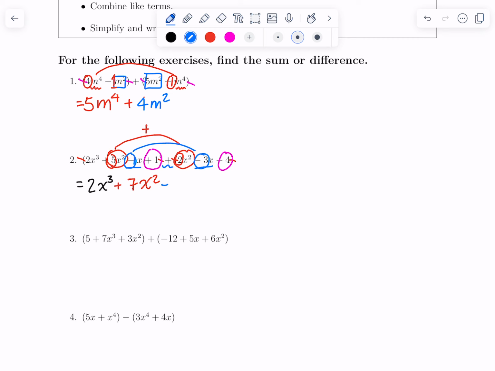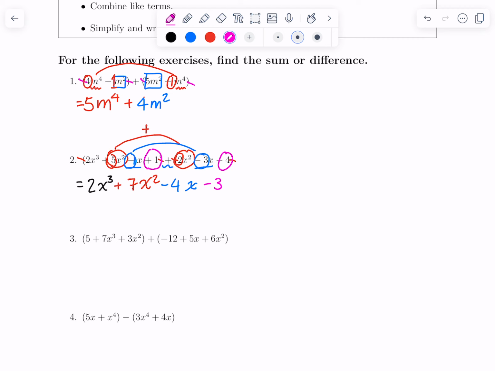Add them together, we got negative 4x. Be careful: when you add two negative numbers, you will get a negative value. Then we have 1 minus 4, which is negative 3. So be careful, when you subtract a greater number, it will be a negative value. So here we subtract 3.